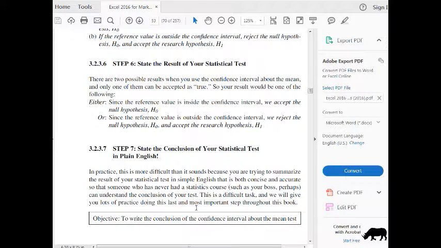In practice, this is more difficult than it sounds because you are trying to summarize the result of your statistical test in simple English that is both concise and accurate, so that someone who has never had a statistics course, such as your boss perhaps, can understand the conclusion of your test. This is a difficult task, and we will give you lots of practice doing this. Last and the most important step.